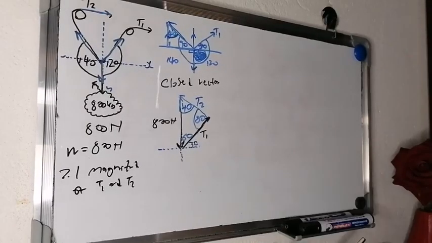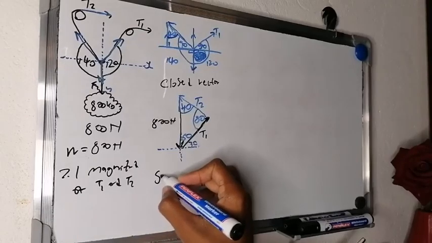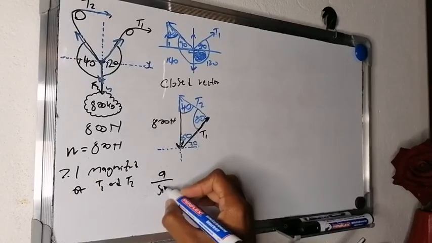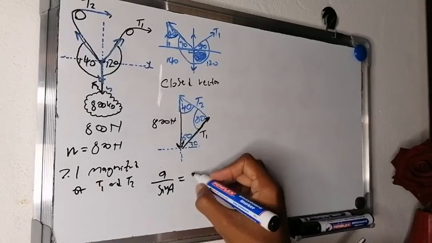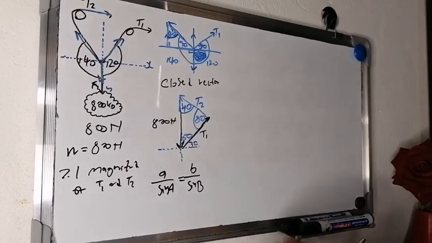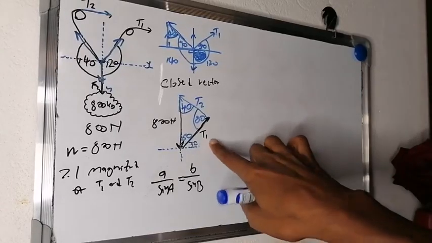So I'm going to remind you of our sine rule. You are going to say A over sine A will be equal to B over sine B, right over there. Now listen carefully, because I'm going to remind you. Let's start with tension 1.